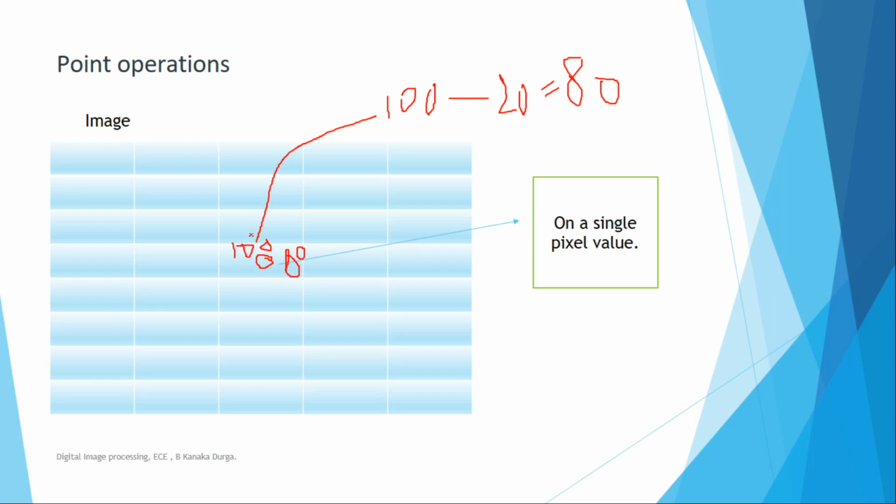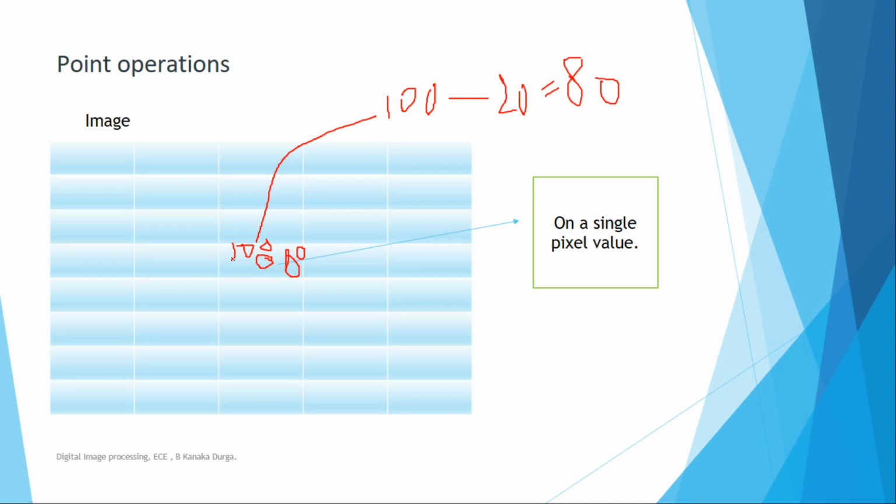So in the scenario of point operations, we are not considering any other pixel values. We are just considering one pixel value only. With respect to that position, whatever enhancement tool or technique I want to apply, we can apply, and the result has to replace the original value.